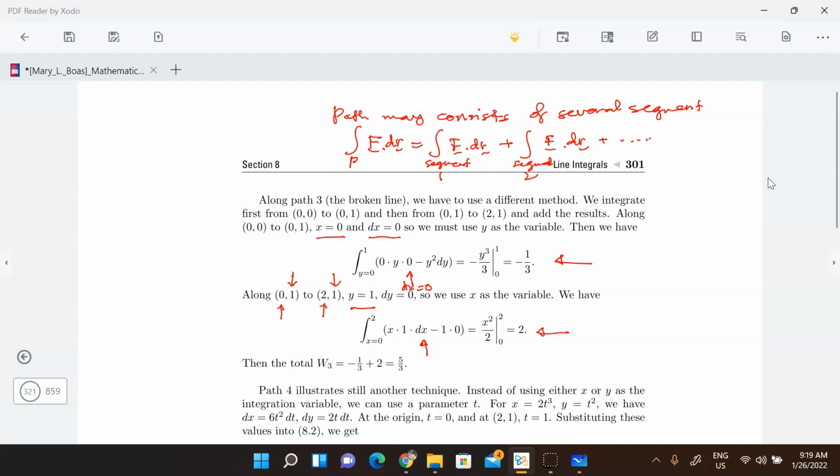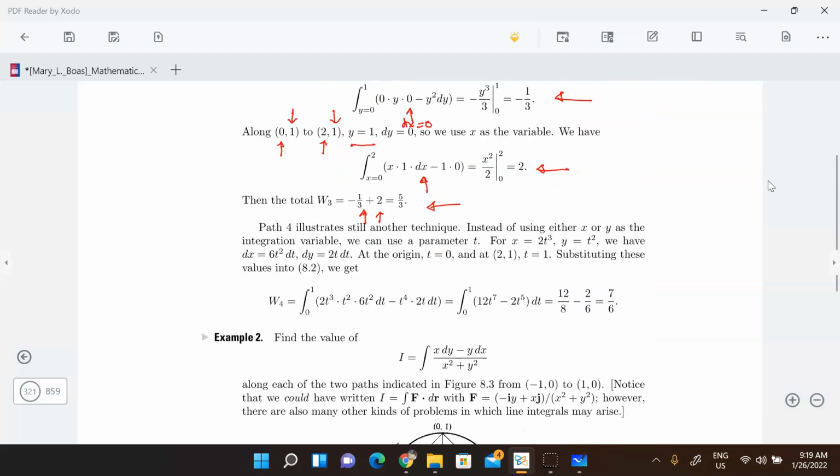And then to get the whole integral of f dot dr, the path is continuous, but it has these segments, so you just add those up. The answer for the first one is minus a third, and the second segment is 2, and then basically you get the answer 5/3. So that is one of the possible paths.